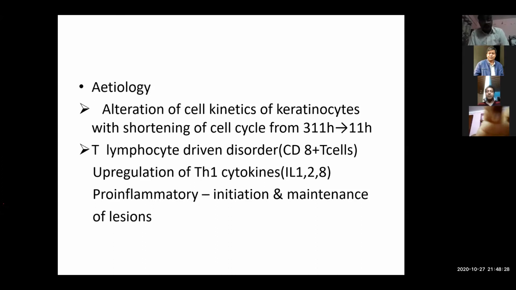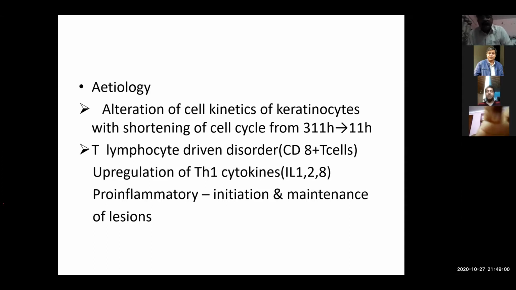The normal epidermal cell turnover in psoriasis is shortened to 11 hours from a normal 311 hours. So the cells are rapidly turning over, and with the formation of scales from the stratum corneum, they are being shed. This is basically again a T lymphocyte driven disorder, with a lot of cytokines like interleukin 1, 2, 8, and a lot of other pro-inflammatory cytokines responsible for initiation and maintenance of lesions.